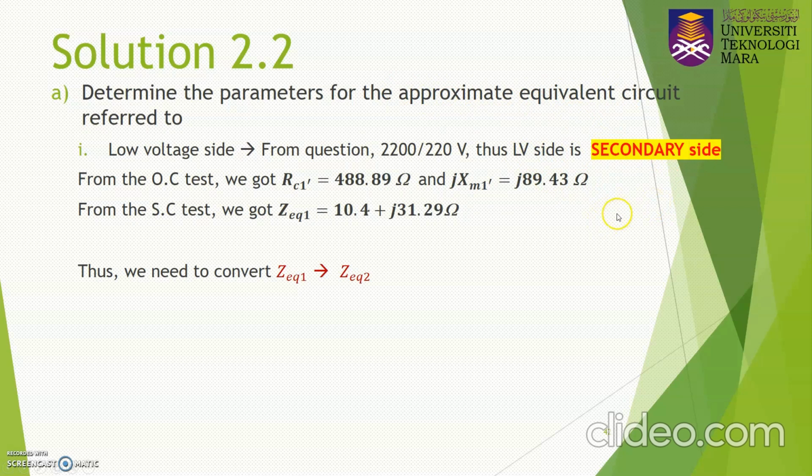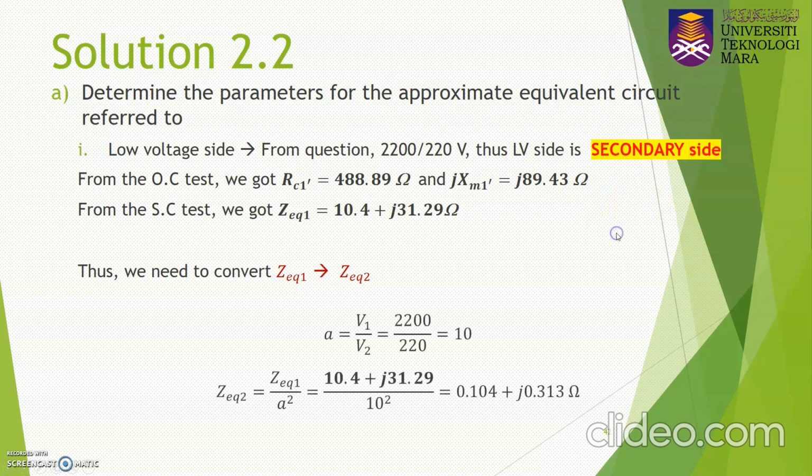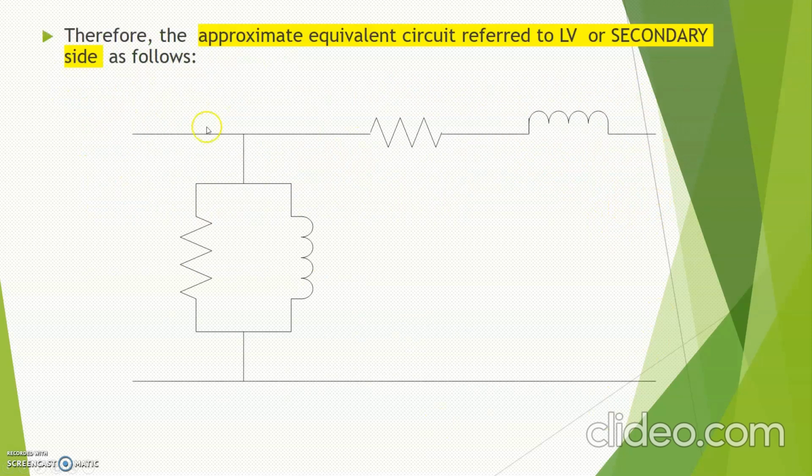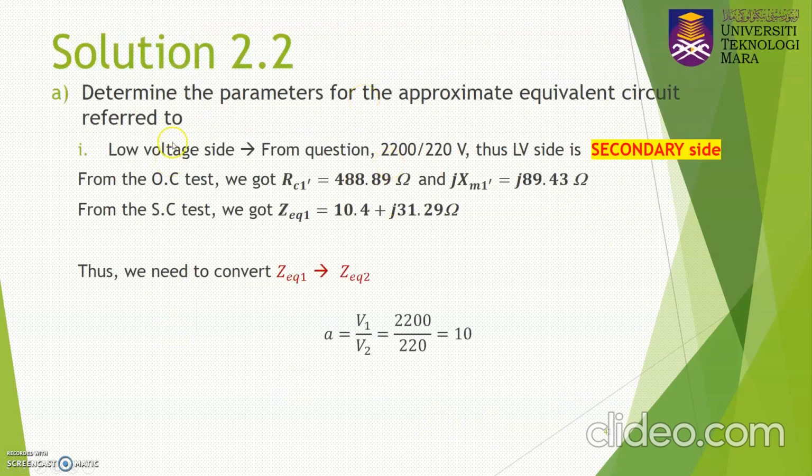So you need to come up with the circuit that refers to the secondary side like this. From the open circuit test, the RC1 prime that you get is equal to 488.89 ohm, and then the JXM1 prime is equal to J89.43 ohm. And then from the short circuit test, you also get the Z equivalent.